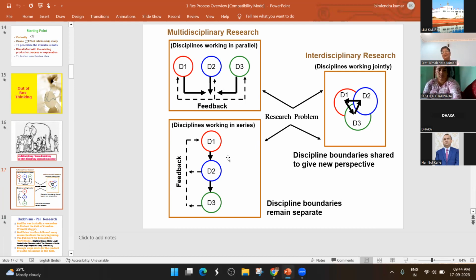Then he can undertake research on how the concept of mind discussed in Pali literature, Sanskrit Buddhist literature and other literatures can be understood, how things are cognized and how objects are known by our mind. When these are undertaken together, this is called multidisciplinary research. So here you will see that there are D1, D2, D3.